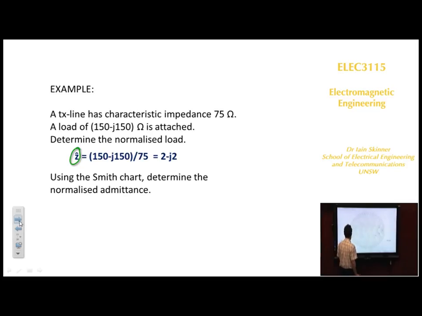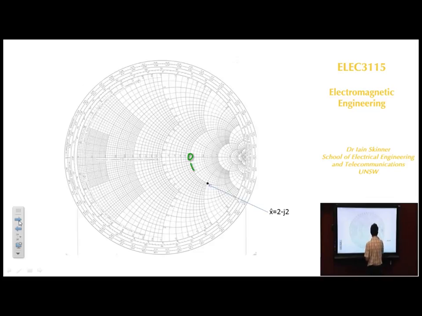To do the exercise we plot 2, there's 2, so we're on this circle, that's the initial position, on that circle intersecting with minus 2j, which is this circle here. We reflect through the origin and we get this point here.